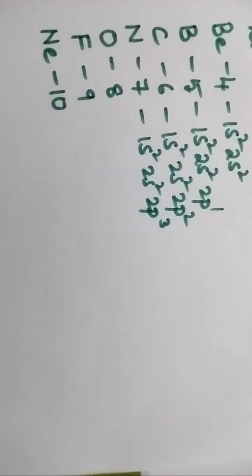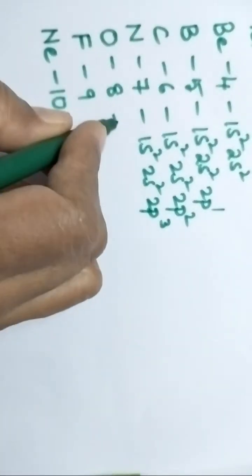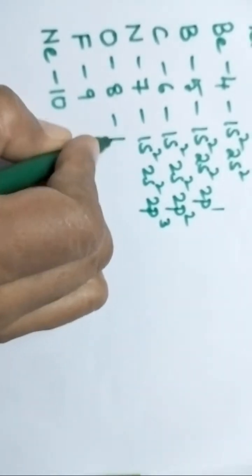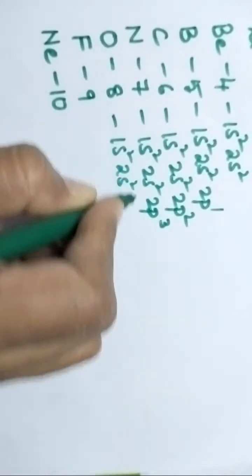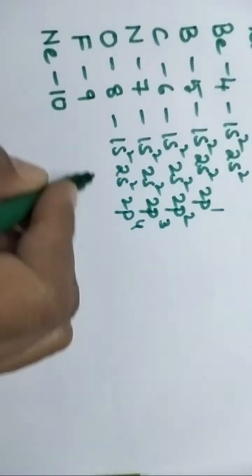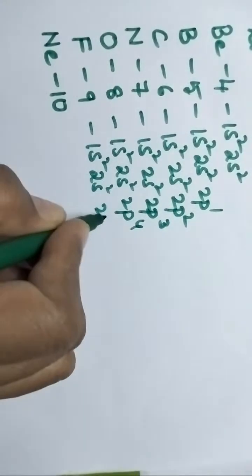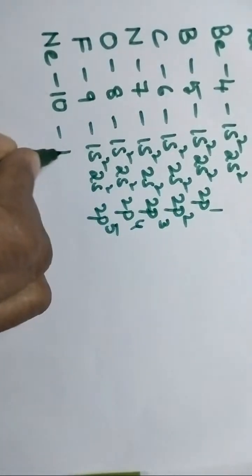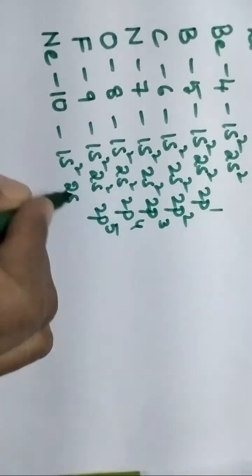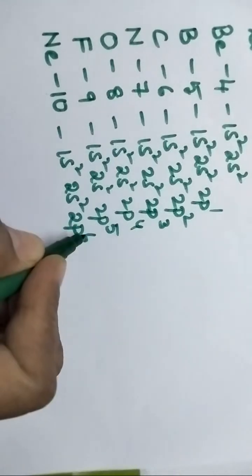You just try to practice the electronic configuration of first 30 elements. Oxygen is 1s2, 2s2, 2p4. Coming to the fluorine, it is 1s2, 2s2, 2p5. Neon is 1s2, 2s2, 2p6.